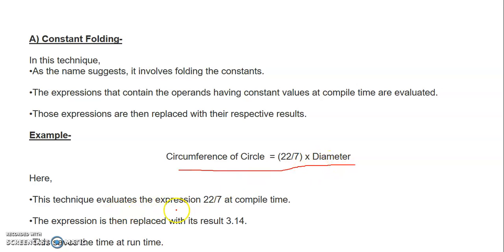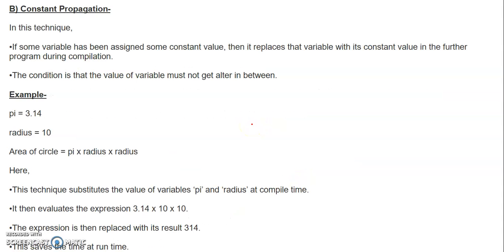This technique evaluates the expression 22 divided by 7 at compile time, and the result of this division, that is 3.14, is placed in the expression at compile time. This saves time at runtime because division is a costly operation. So the expression is replaced with the respective value in constant folding.